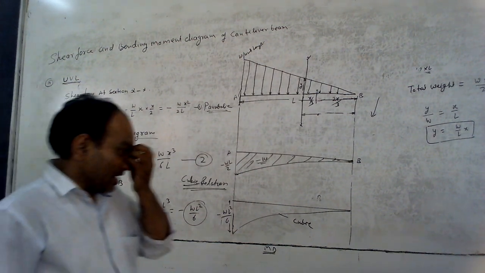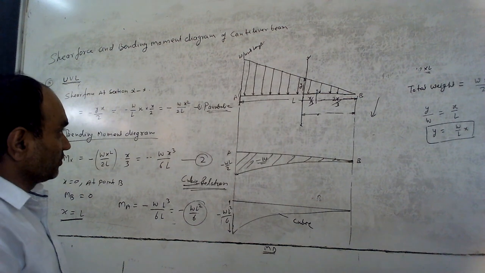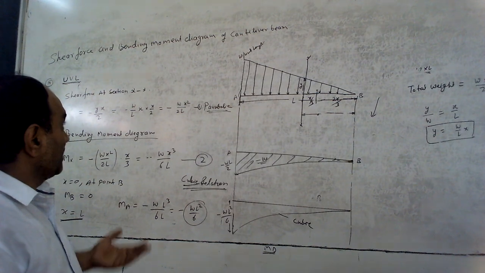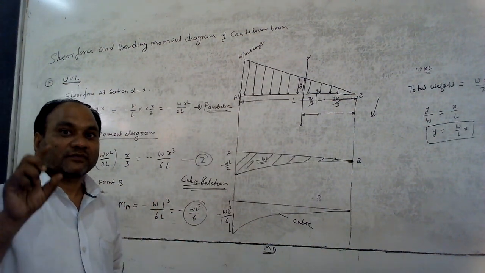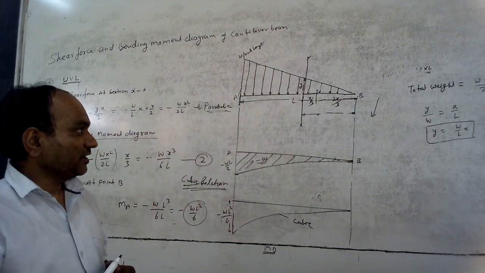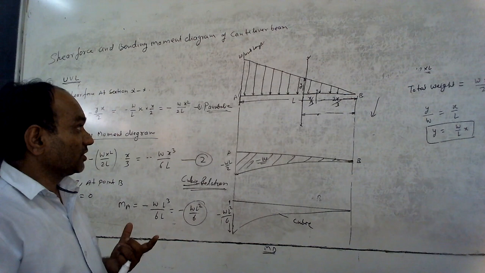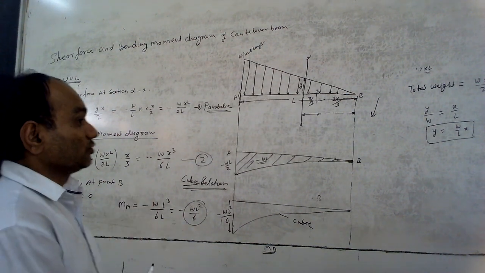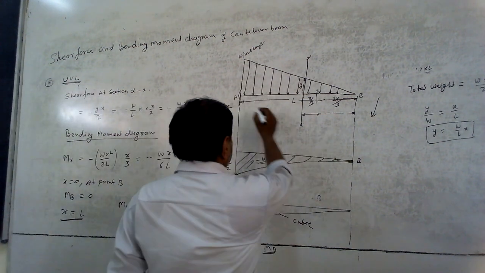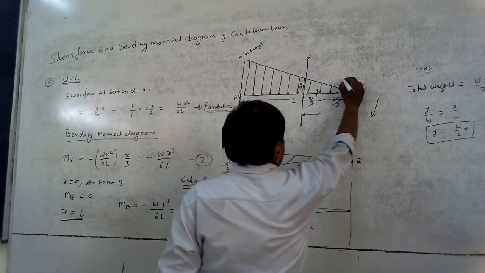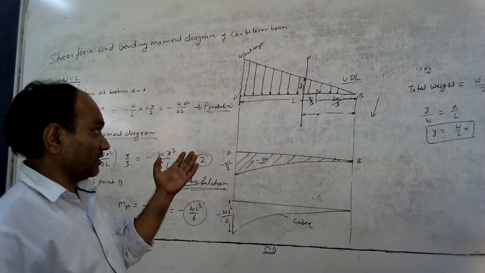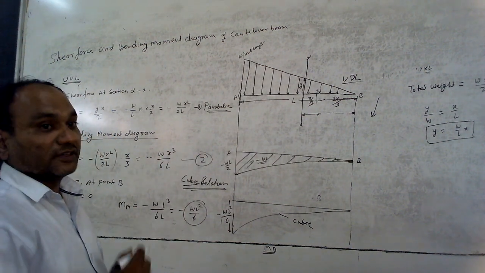I want to discuss something more about the shear force diagram. We have seen that if the load is a point load, then there will be a constant line. It doesn't vary between 2 points. If the load is a UDL, uniformly distributed load, the variation of shear force is linear.